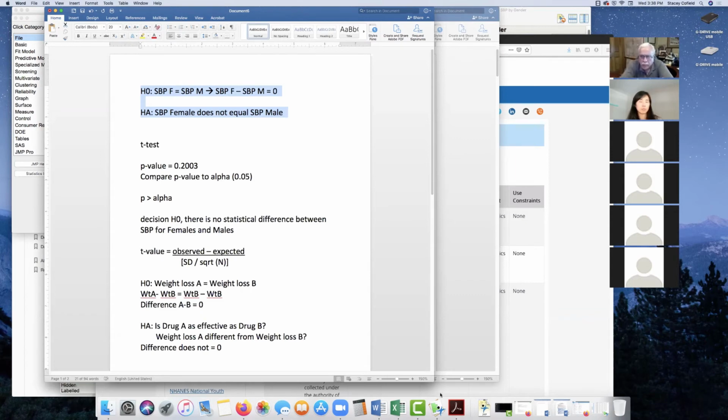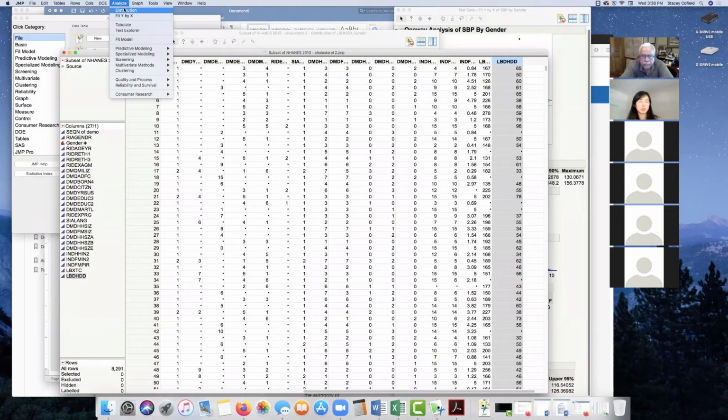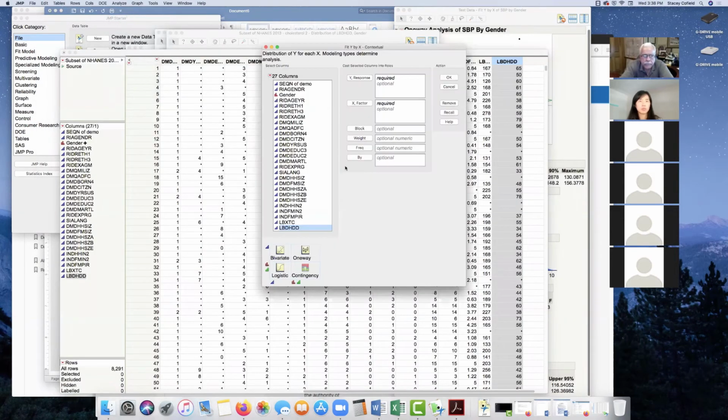So JMP's very smart about that. If I go into Analyze, Fit Y by X, in this case, I've got gender as my X factor, and I've got HDL as my response. So I am fitting my HDL by gender.